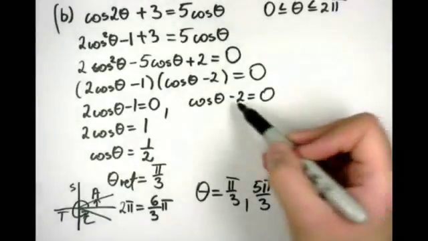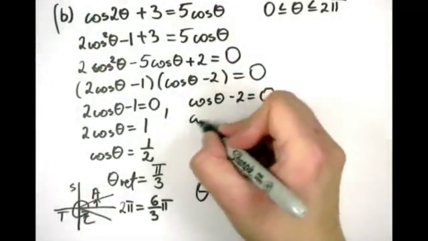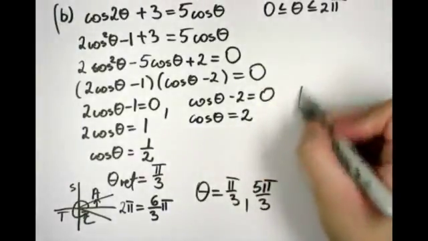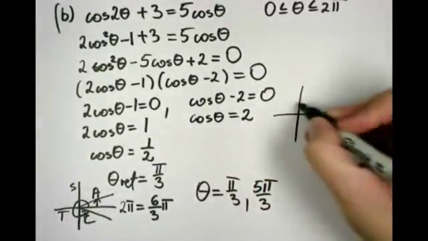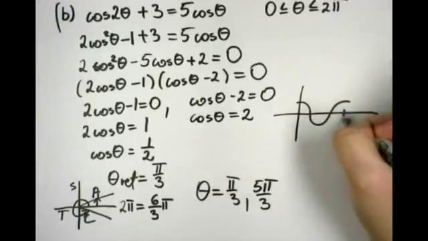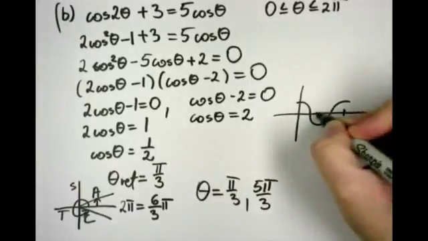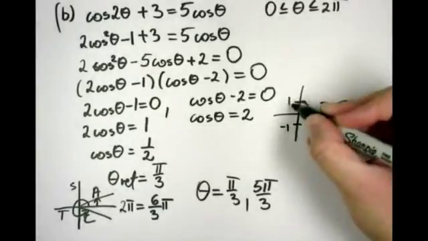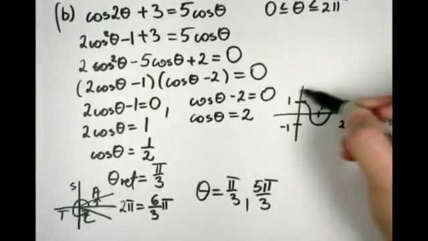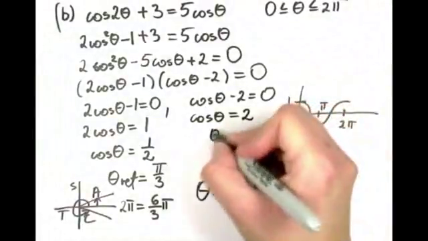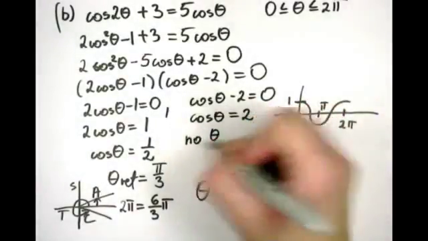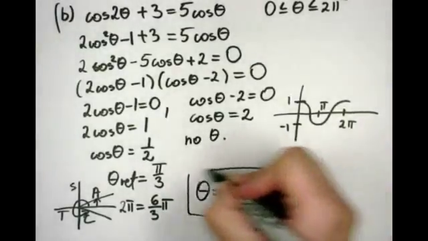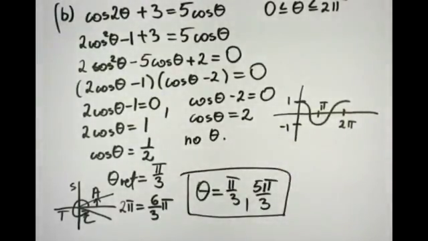And now we need to solve the second one, bring this over. We have cos theta is equal to 2. 2 we don't have in the chart. I'm checking with my graph. 2 pi, pi. My graph is only up to 1. So there is no theta that goes up to 2. No theta for this part. So the solution to the whole equation is the solution from the first part.